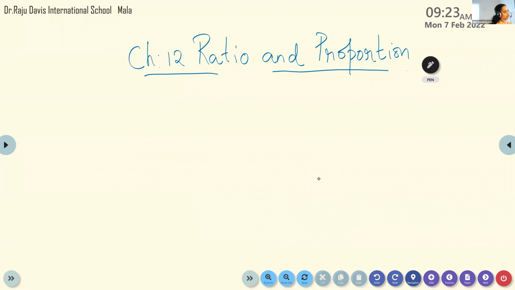So children, here, chapter 12, ratio and proportion. Ratio.